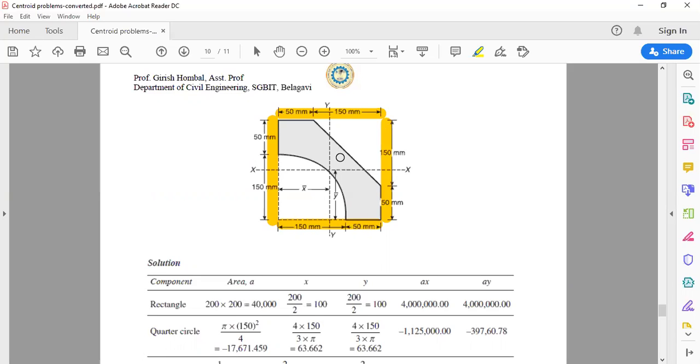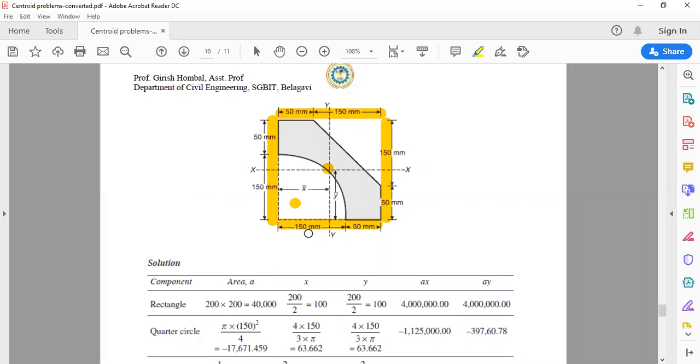I'm going to now locate individual centroid. So let this be the centroid of the square. So in a square, I'm going to locate its individual centroid. Next, I'm going to take a semicircle and locate its centroid.